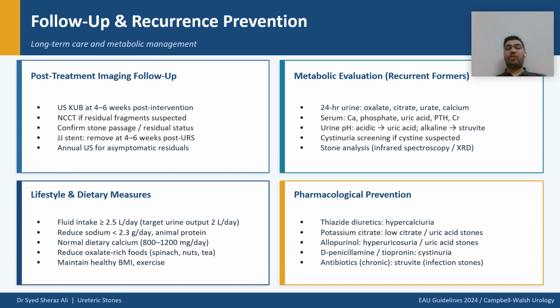Allopurinol reduces uric acid production and is used in hyperuricosuric patients. For cystinuria, D-penicillamine or tiopronin can reduce cystine crystallization. Long-term antibiotics and urease inhibitors may be needed to avoid stone recurrence.